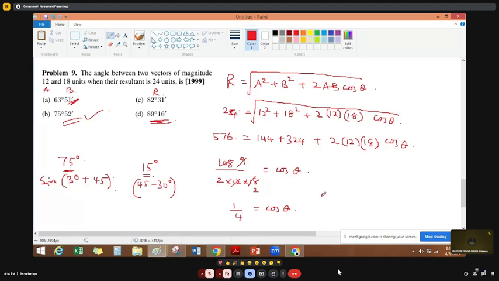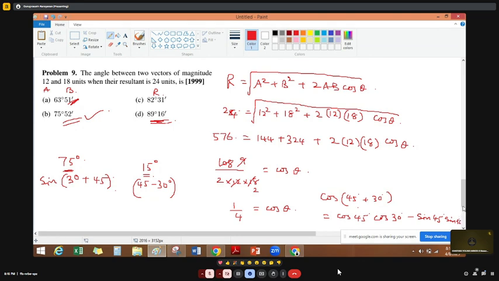So suppose if I use cos of 45 plus 30, as I said, I'm going to eliminate these two things, so I have to decide between this. Cos of a plus b, I can use cos 45 cos 30 minus sin 45 sin 30.